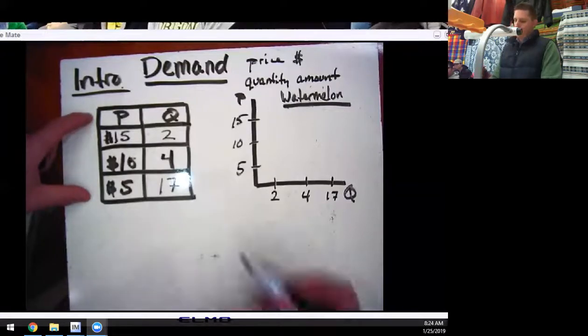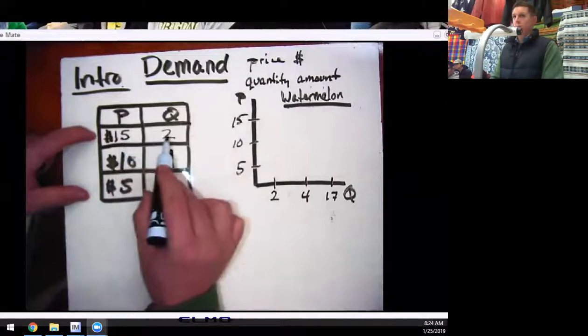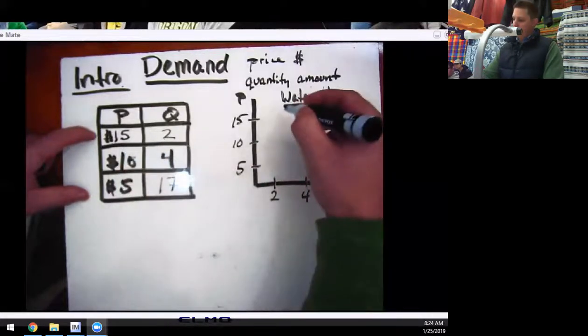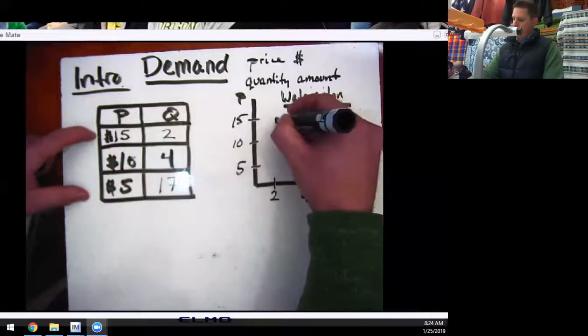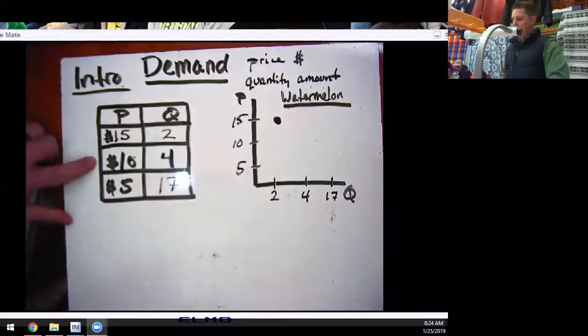Got it? So at $15, how many watermelons? At $15, we have 2 watermelons. We're right about there. And at $10, people would be willing to buy, the quantity demanded would be 4.